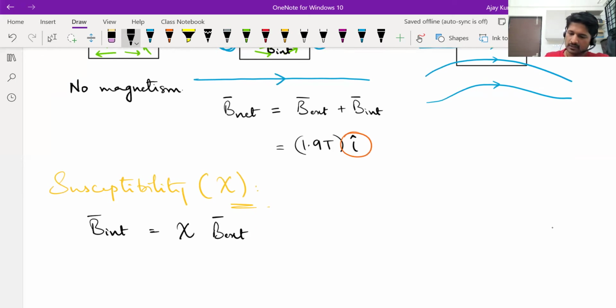Now, B internal and B external are in the same direction. For two vectors to be in the same direction, the proportionality constant between them should be positive or negative? Positive. So susceptibility of paramagnetic substances is positive.